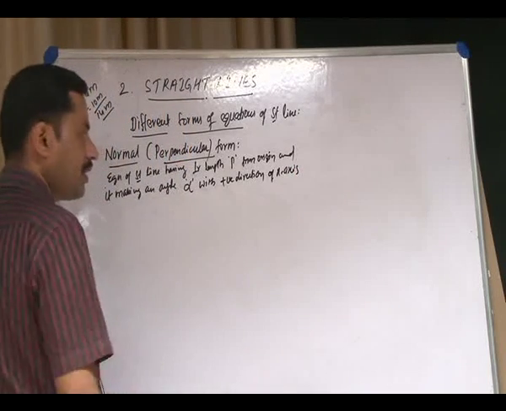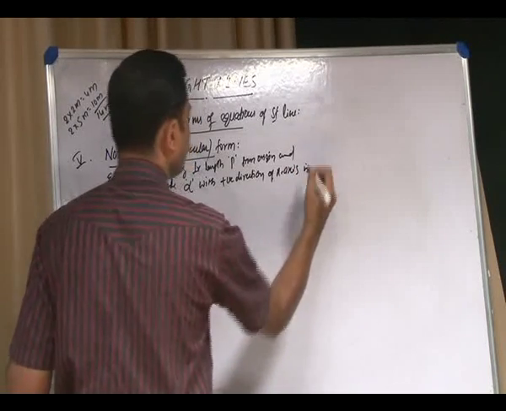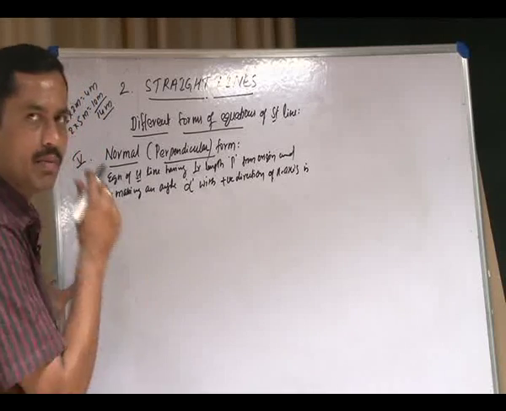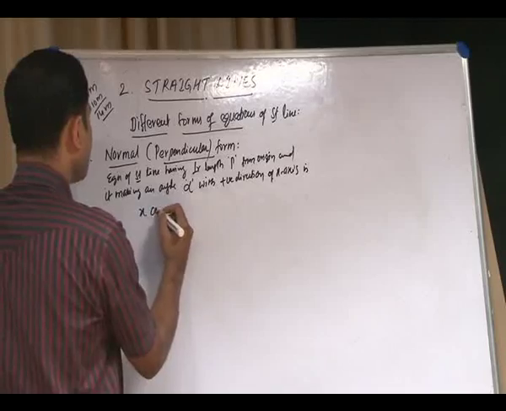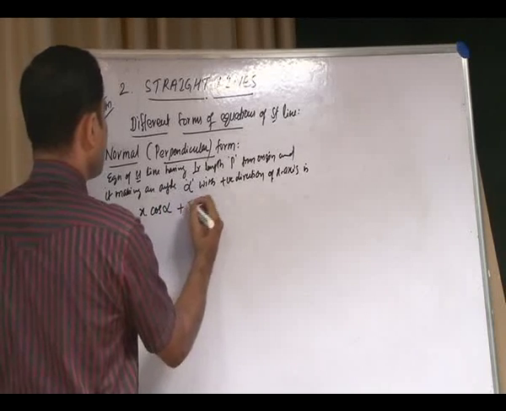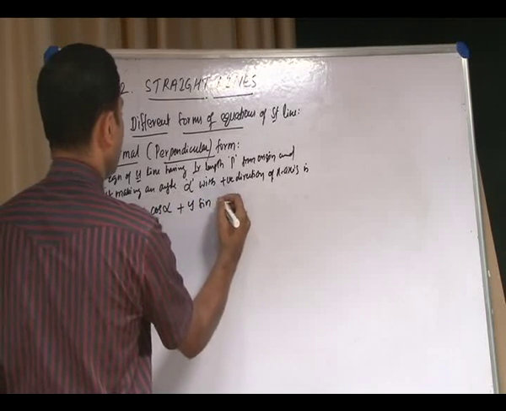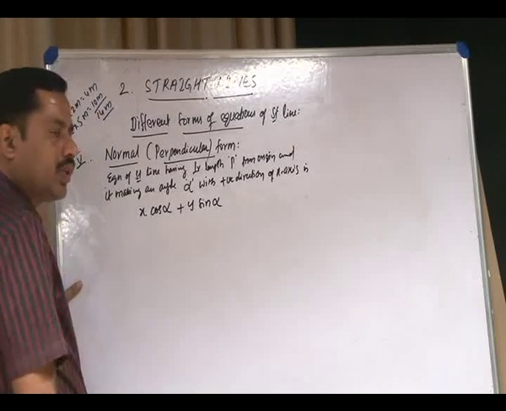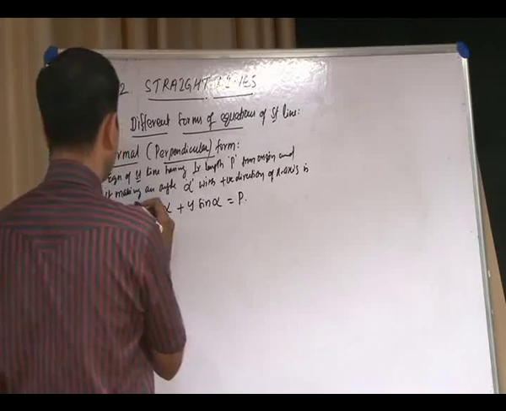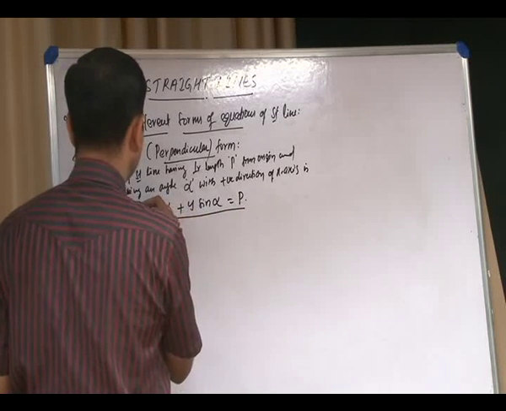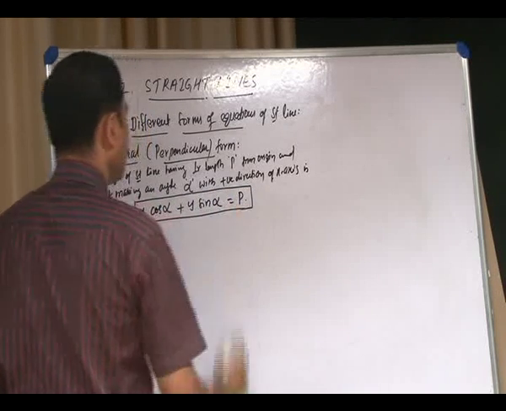The normal form is given by x into cos alpha plus y into sin alpha is equal to p. So this equation is called the normal form or perpendicular form.